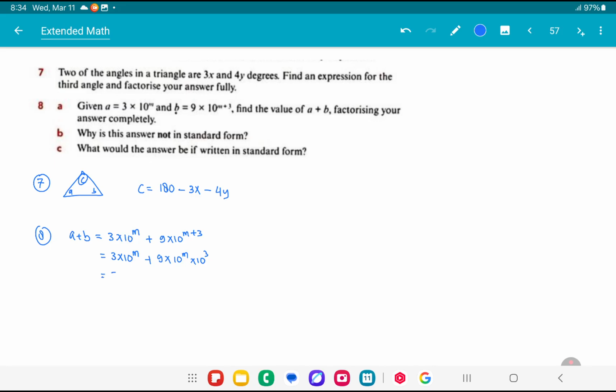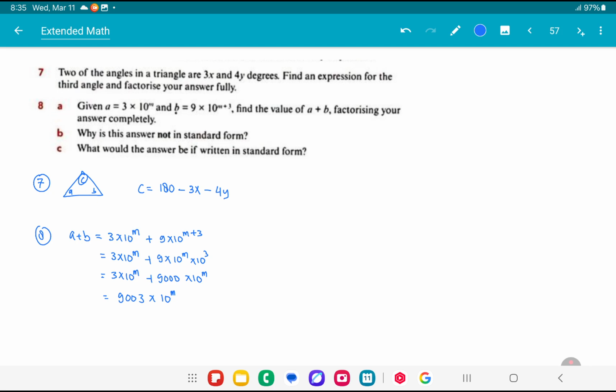So we get 3 times 10 raised to the power of m, 10 raised to the power of 3 equals 1000, multiplied by 9, we get 9000, times 10 raised to the power of m. So the final answer, 9003 multiplied by 10 raised to the power of m.